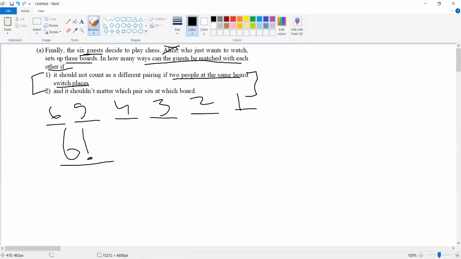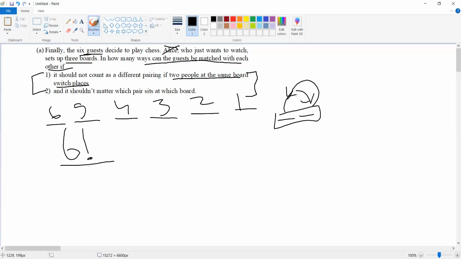But you also have to account for these two things. So would someone want to guess how we take into account the first condition? So technically, if you have two people sitting here, it's saying that if this person gets up and sits here and this person gets up and sits here, it's the same thing.